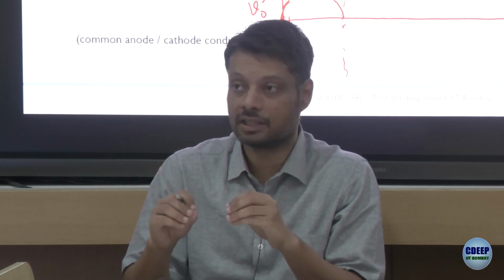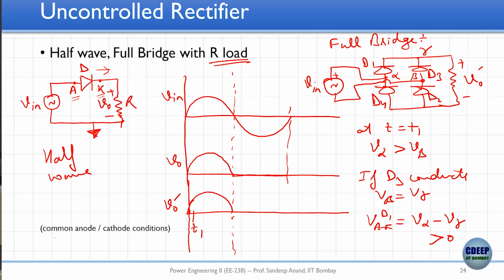So this is what we call a common cathode configuration, right? That means if you have two diodes like these, and their cathodes are short circuited, and you have a whole lot of other circuits on both sides, don't worry about those circuits, then whichever anode is at a higher potential, only that diode will conduct, the other diode will not conduct.